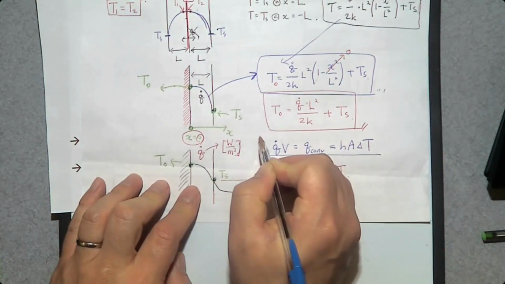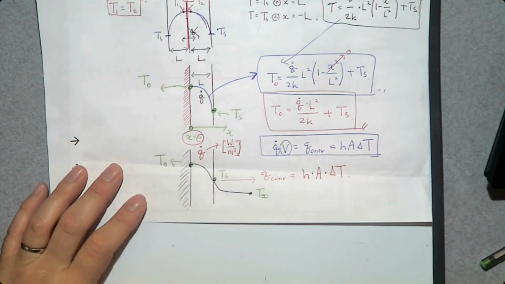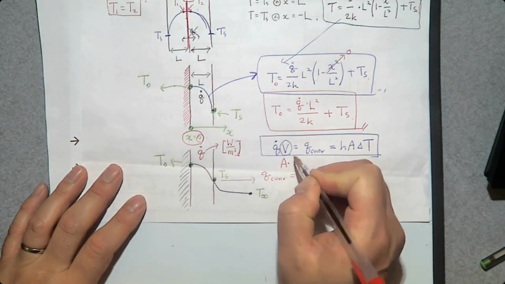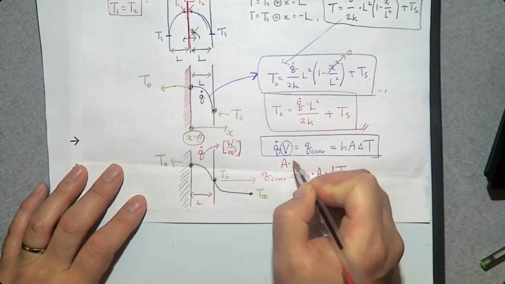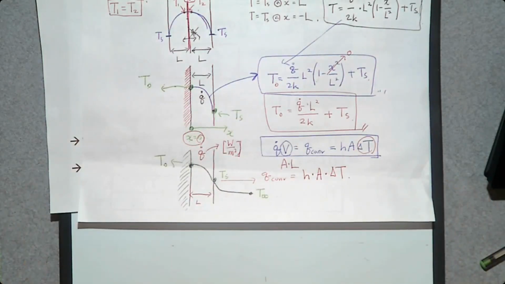Then let's look at this equation. How do you determine this volume? The volume can be determined by the surface area where convection heat transfer takes place and the thickness of this wall. What is the thickness of the wall? L. So this volume can be determined by area times the thickness, L. And what about this delta T? That is the temperature difference between the surface and the surrounding fluid.